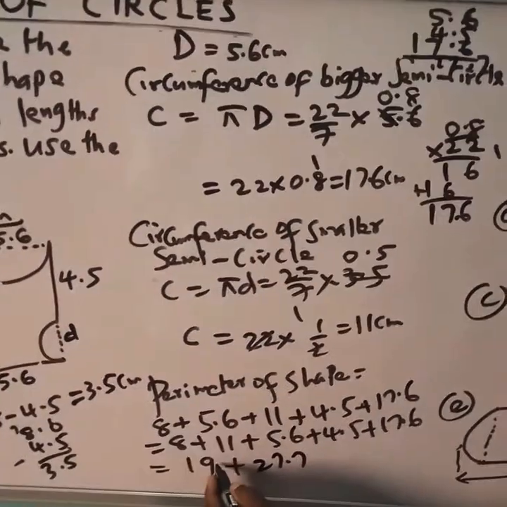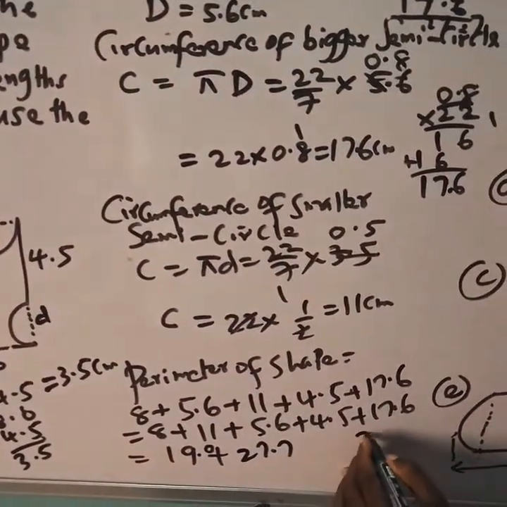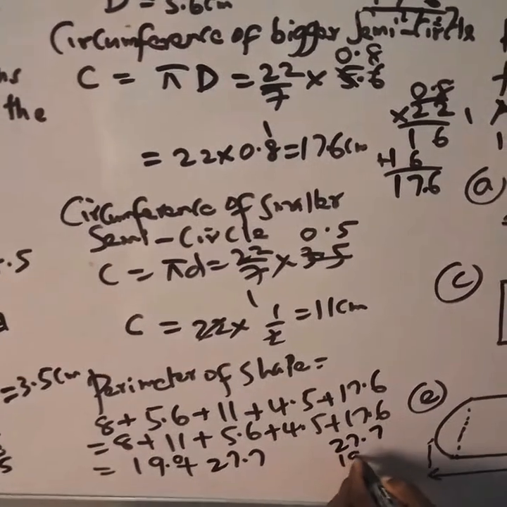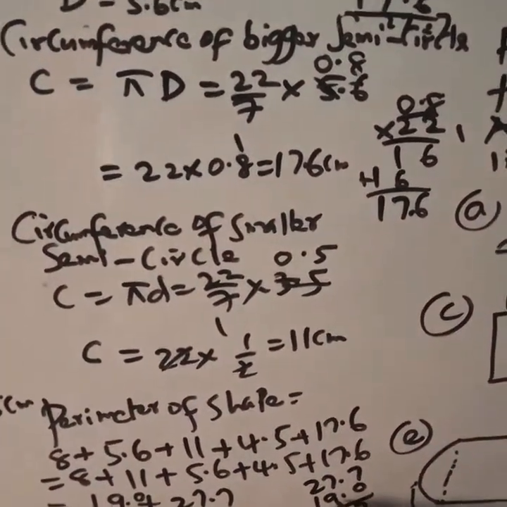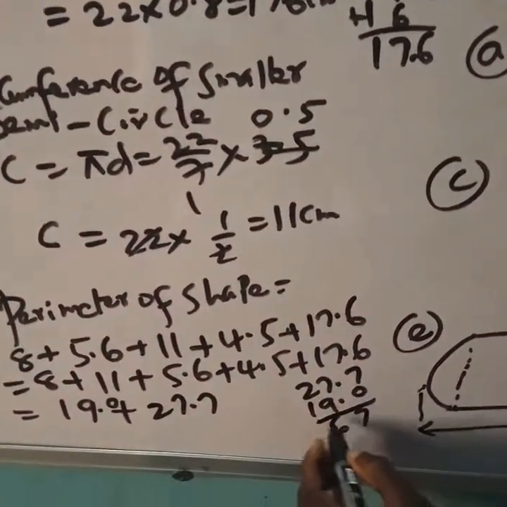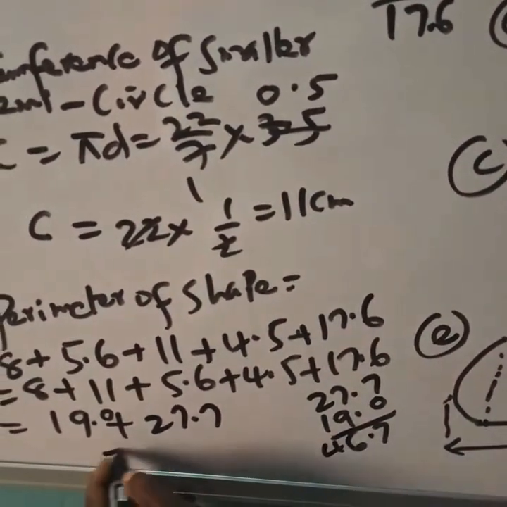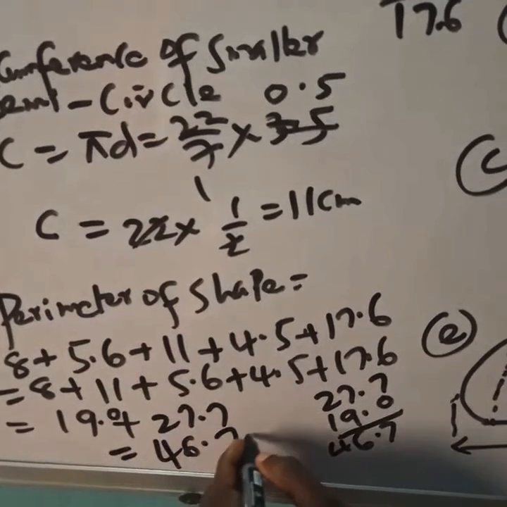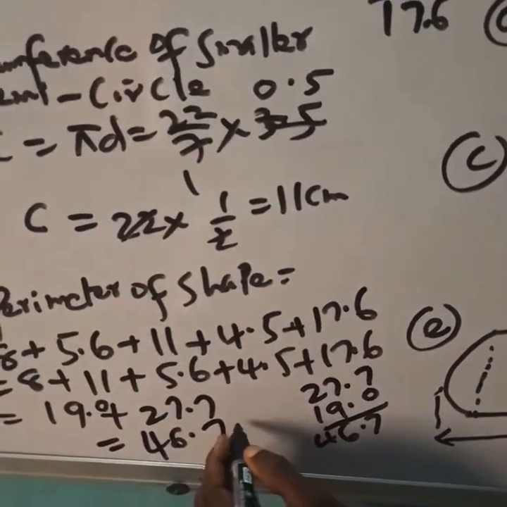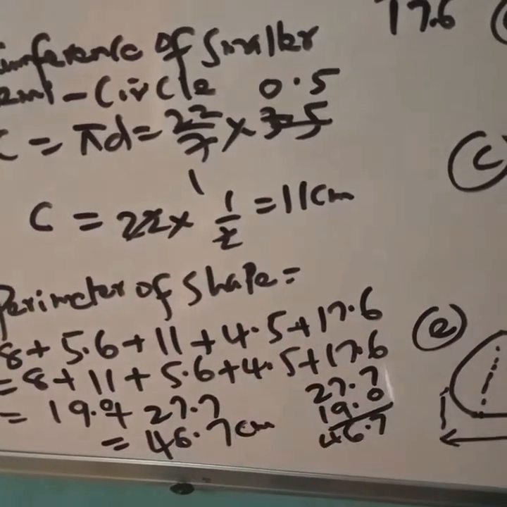This can be treated as 19.0. So 27.7 plus 19.0. We have 7. 9 plus 7 is 16. Carry 1. 2 plus 1, 3 plus 1, 4. We have 46.7. The unit is centimeter. Now this is the perimeter of the shape.